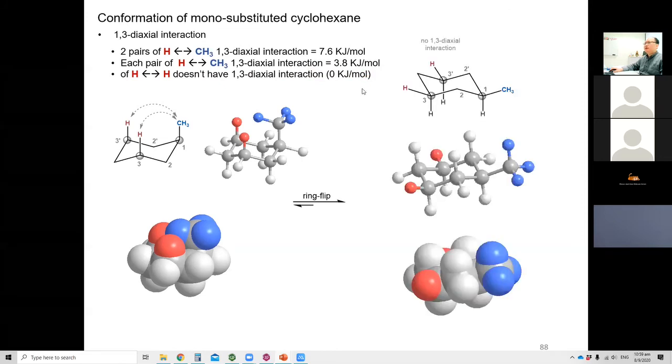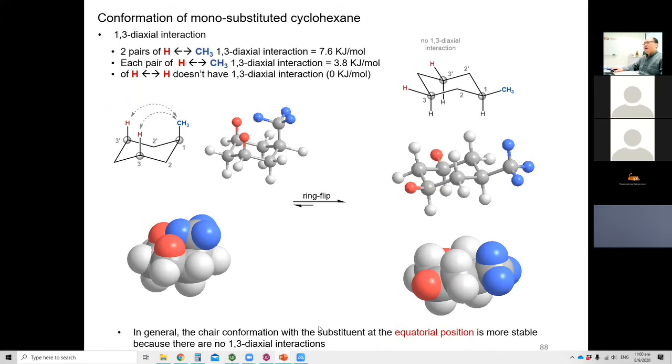Because now the axial positions are all hydrogens, hydrogen, hydrogen, hydrogen, they don't have any interactions, and they are quite far from each other, so they are pretty comfortable. So this is 0 kilojoule per mole. This is 7.6 kilojoule per mole because it has two pairs of 3.8 kilojoule per mole 1,3 diaxial interactions.